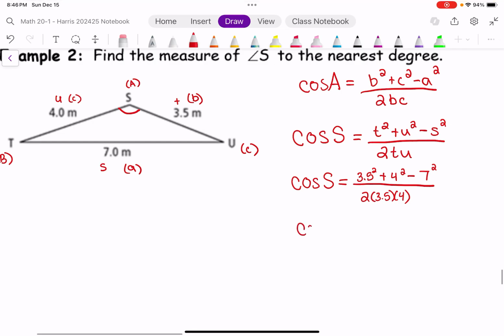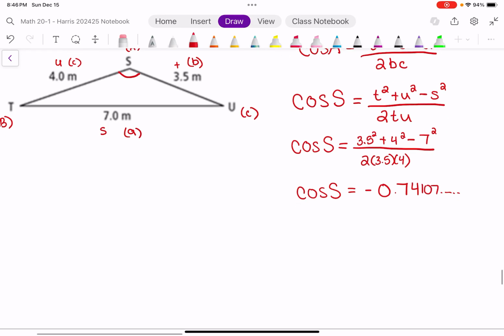I plug this into my calculator, I get cos of s is equal to, does my sheet say a negative number? I get negative 0.74107. That's not what I'm looking for though. I need to inverse this cos to find out what my angle is going to be.